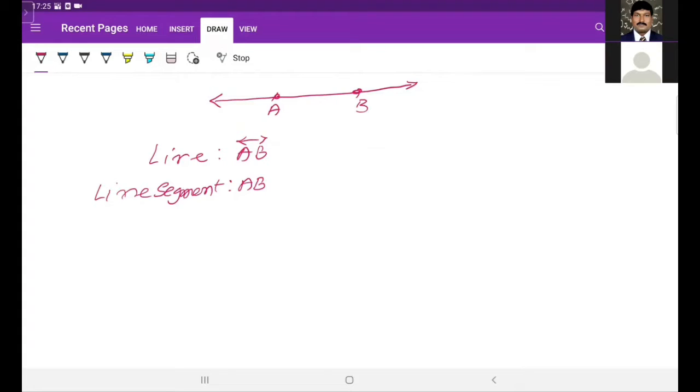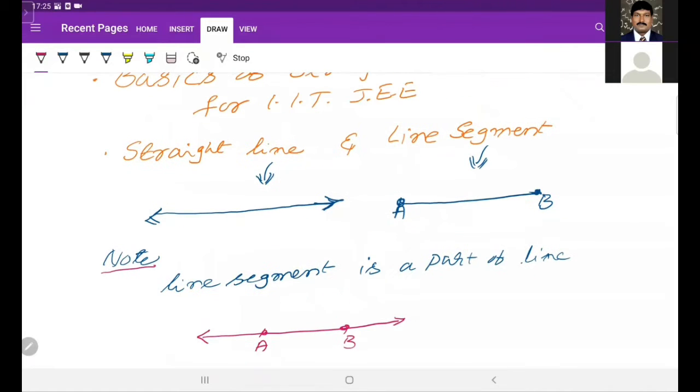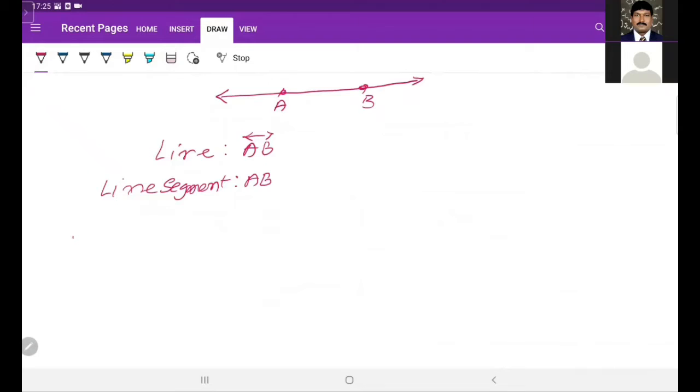Next. So here it is straight line and a line segment. Okay. Next, types of lines now. Types of lines.